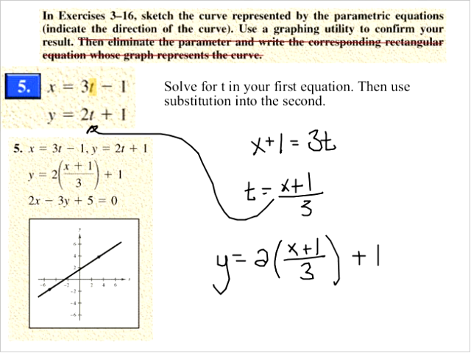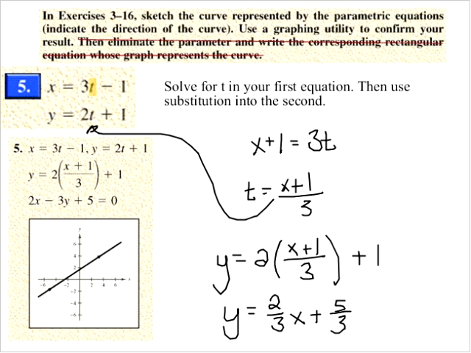Well, I should probably distribute the 2 first. 2/3 x plus 2/3 plus 1. I can technically make this 2/3 plus 1 is 5/3.